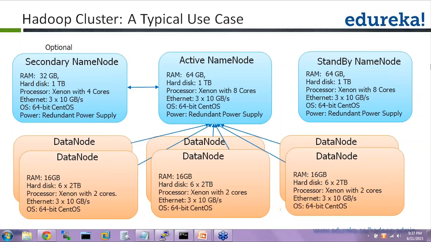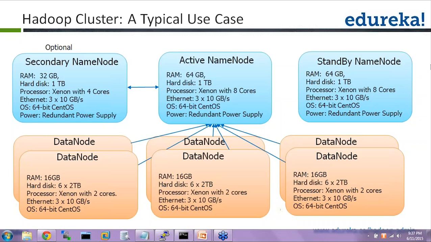In general, the name node is always composed of more RAM and less hard disk compared to the data nodes, whereas the data nodes have less RAM and more hard disk, because the actual data goes into the data nodes, and the metadata goes into the name node, which loads into the RAM, the primary memory.